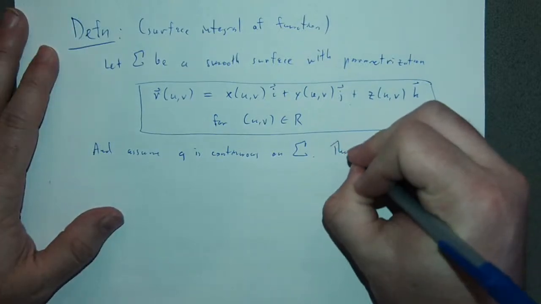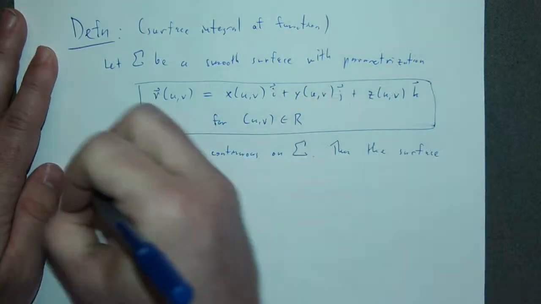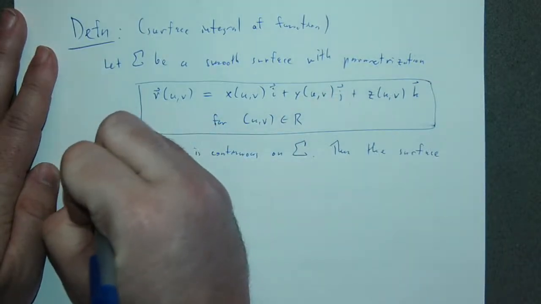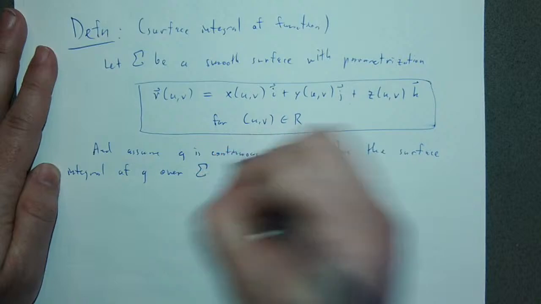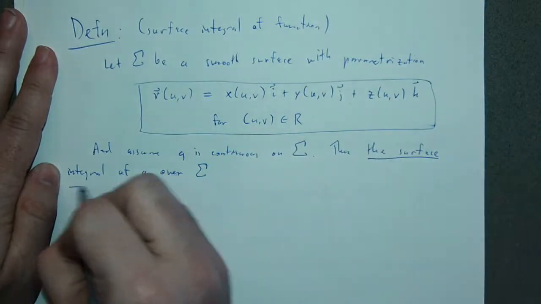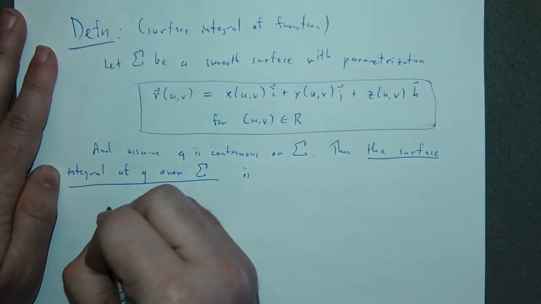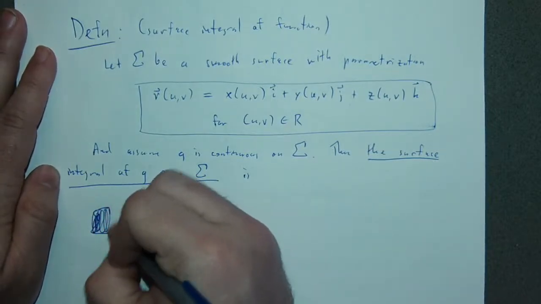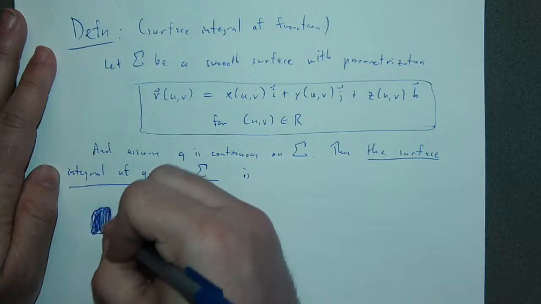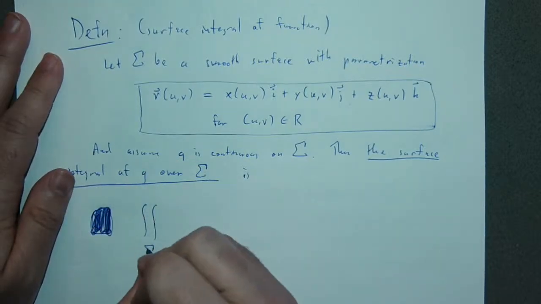Then the surface integral of G over the surface sigma is, so this is the notation bit.